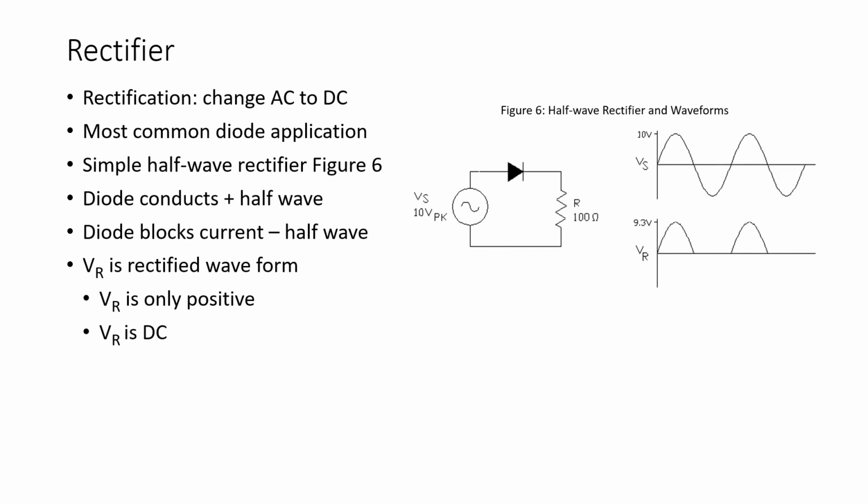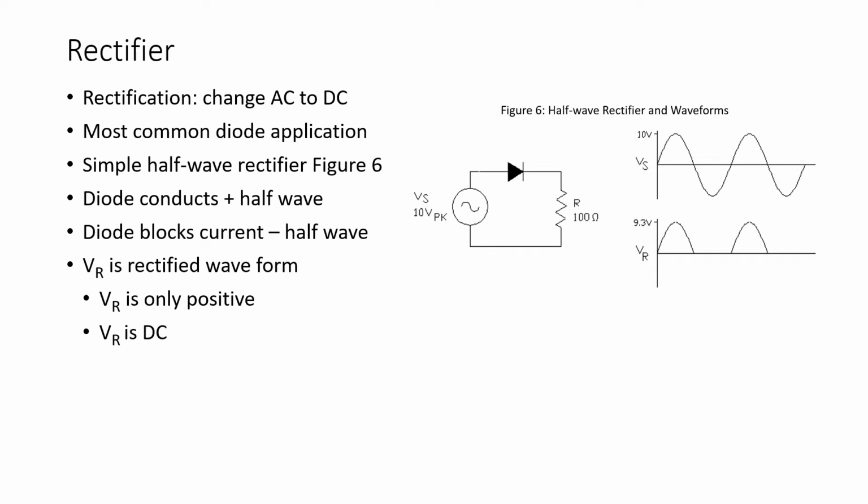Now, the most common application for diodes is to convert alternating current to direct current, and this is called rectification. Figure 6 shows us a simple half-wave rectifier circuit. Now, we look at the source voltage for this circuit.